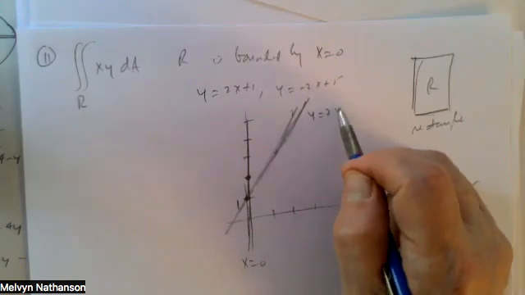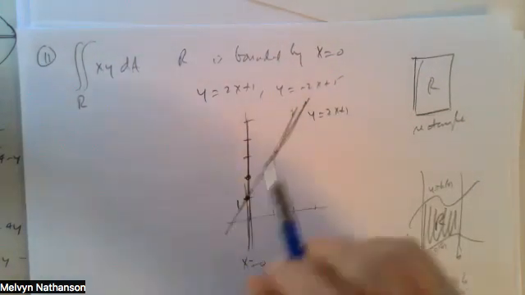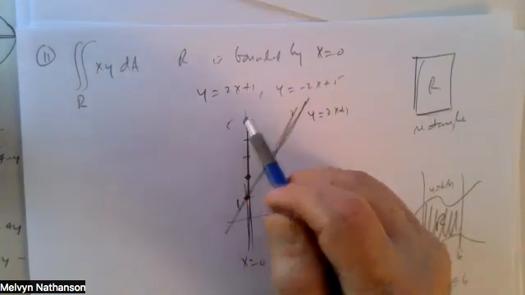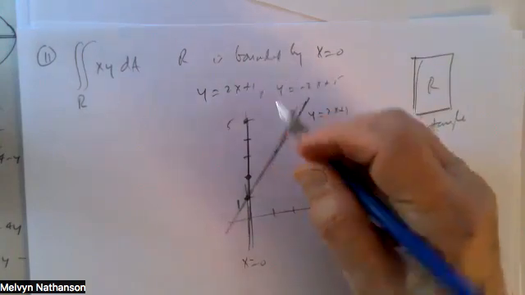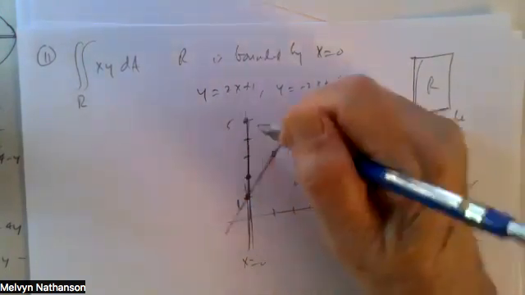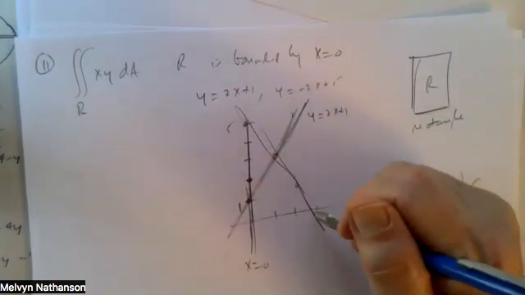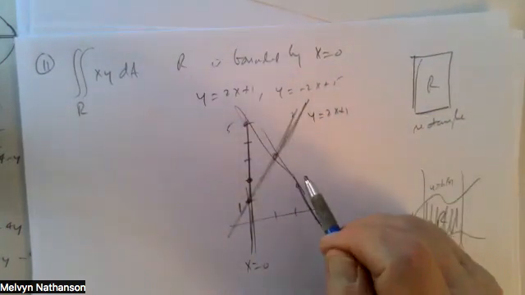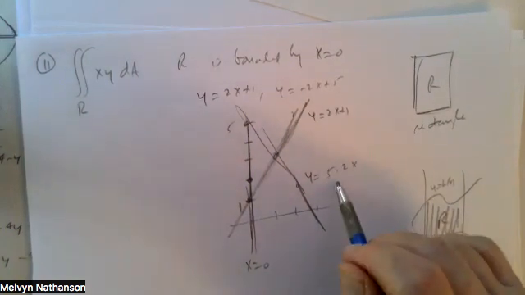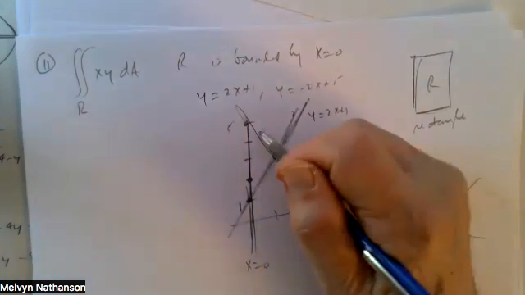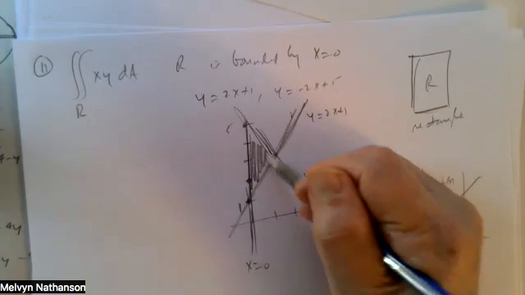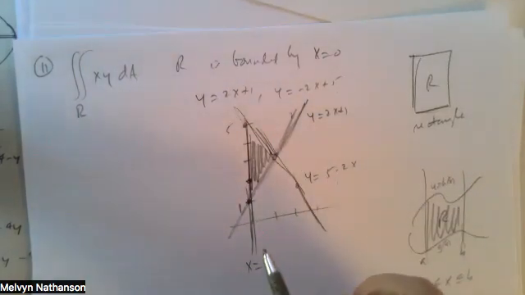This is y equals 2x plus 1. The line y equals minus 2x plus 5 has y-intercept 5 and goes down with slope minus 2. This is 5 minus 2x. And the region bounded by this line and this line is this triangular region.